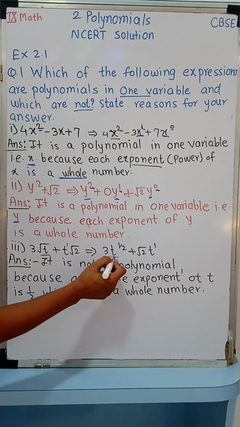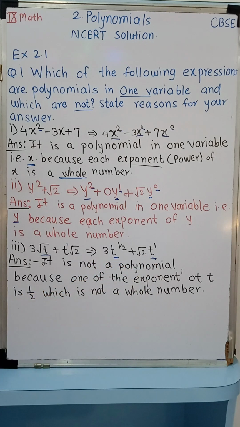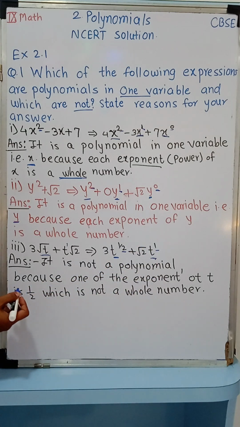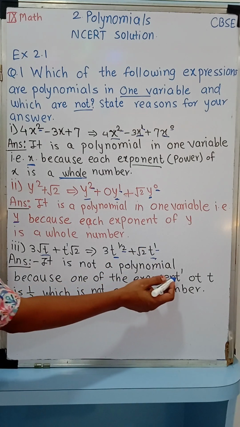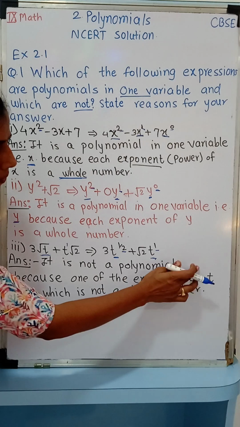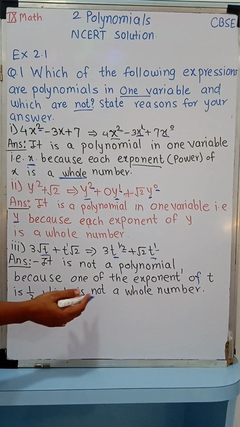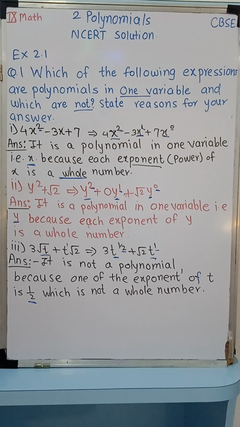Because though it is one variable, the powers of t are not all whole numbers. One of the exponents of t is 1 by 2, which is not a whole number, and that is why it is not a polynomial. We'll continue in the next example. Please stay connected.